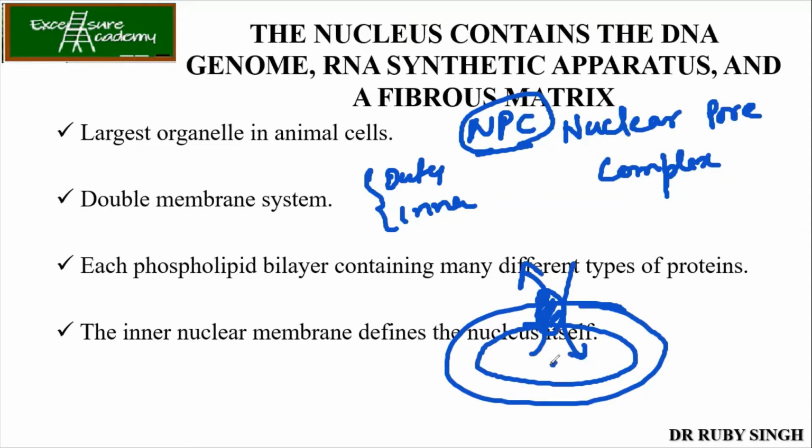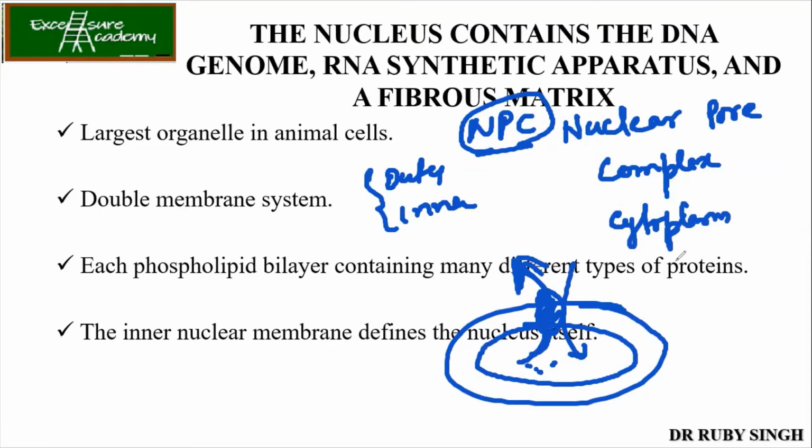So we know that transcription takes place inside the nucleus, but translation happens outside the nucleus, that is, in the cytoplasm. Now how is it transferred? It is transferred through the NPC. There are certain proteins required for your DNA replication and transcription.